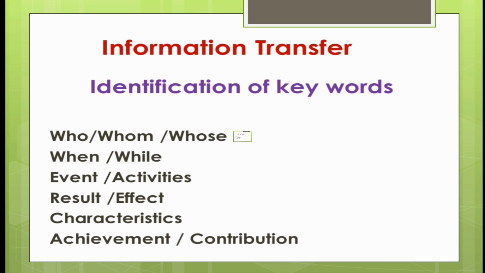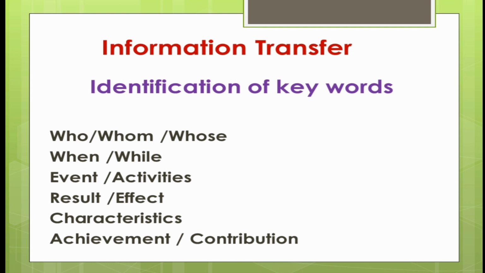Well, now I will help you to identify the keywords. From the passage, you have to identify what or who, whom or whose is the passage about. Any incident like when or while, or any event or activities.